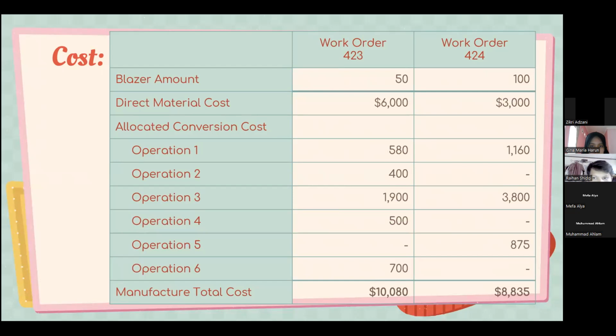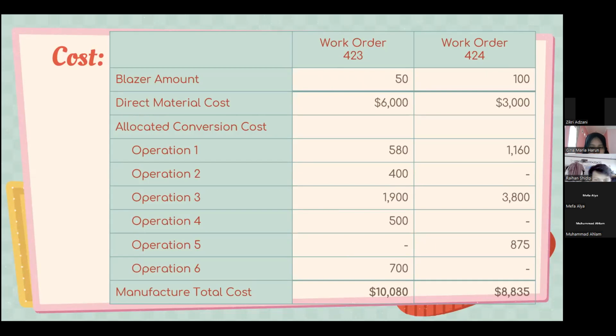For work order 423, they flow through operations 1, 2, 3, and 4, with the costs we can see in the table. And for work order 424, they flow through operations 1, 3, and 5.